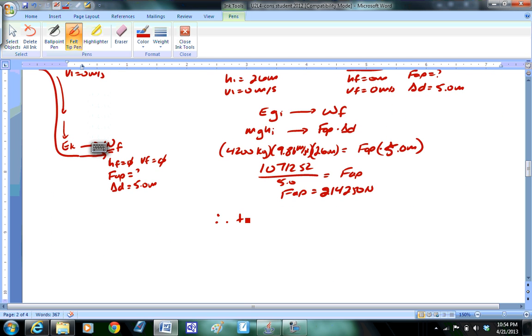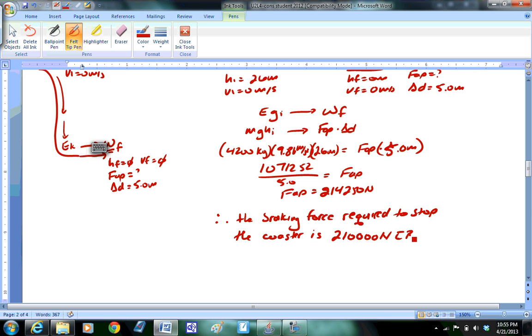So therefore, the braking force required to stop the coaster is, with significant digits, because it's 26 meters, 2 significant digits, 210,000 newtons, and it's going to be backwards, opposing the motion.